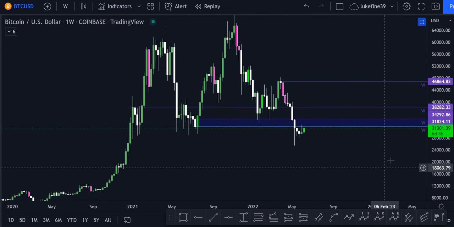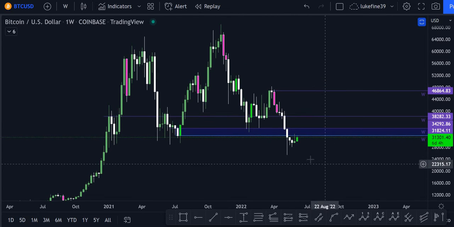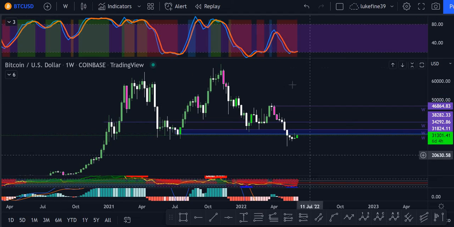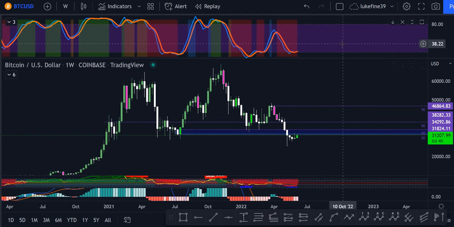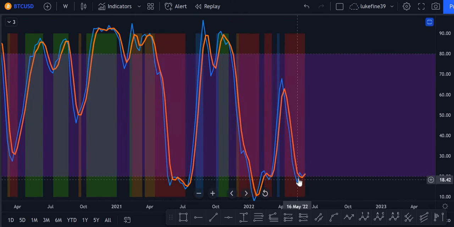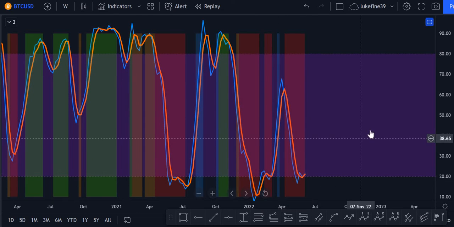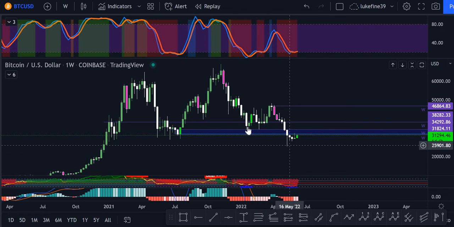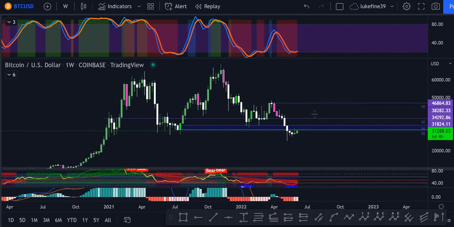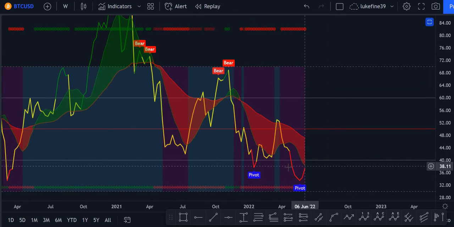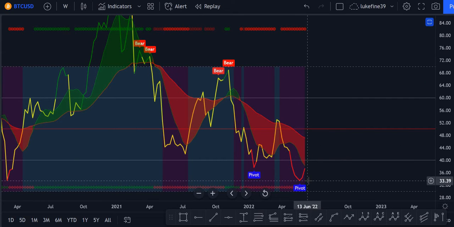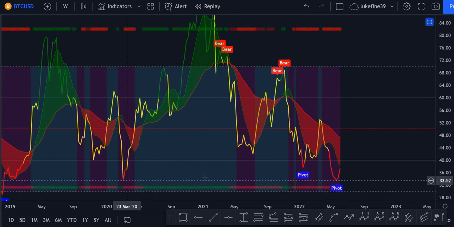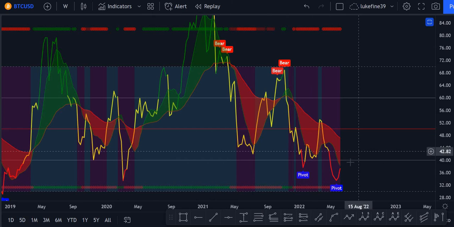Okay, so let's now check momentum. We see a higher low on stochastic, a really significant one, and we see a lower high. So this is a sharp bullish divergence on the weekly, and we see RSI came really low at 33 at support and formed a pivot.